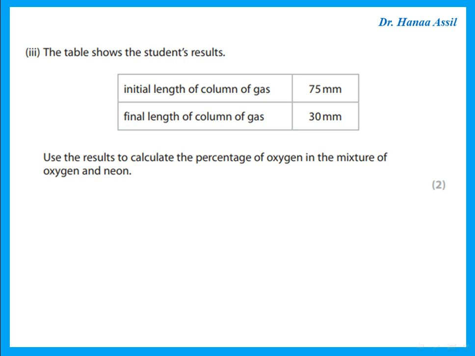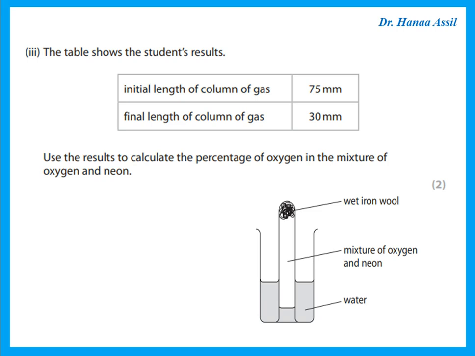The table shows the students' results. So at the beginning, the column of gas was 75 millimeters. Now, after the iron took all the oxygen from the gas, the column is 30 millimeters. Use the results to calculate the percentage of oxygen in the mixture of oxygen and neon. So let us see. What are we doing here?